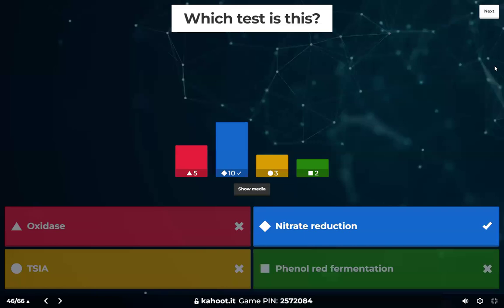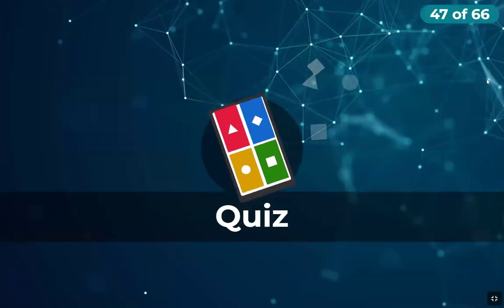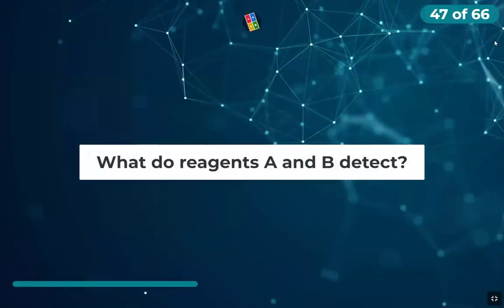We have two tests that can have Durham tubes, nitrate reduction and phenol red carbohydrate fermentation. The difference between them is the phenol red carbohydrate fermentation starts out that red coral color. Nitrate reduction is just like light broth color. So I guess you guys know what kind of questions are coming next.